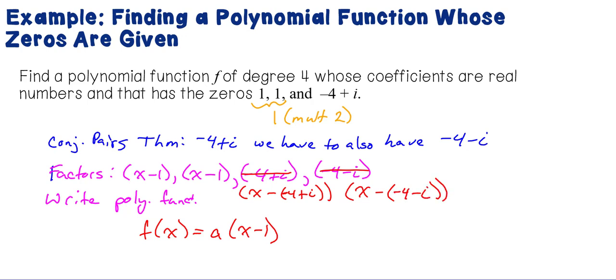Those would be our two factors. I'm sorry, I wrote that wrong. So a times x minus 1 times x minus 1 times x minus negative 4 plus i times x minus negative 4 minus i. And those would be our factors.